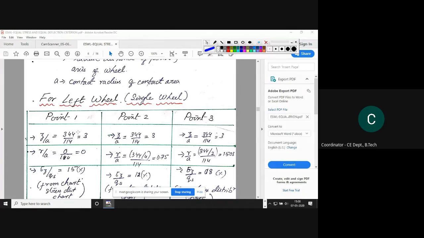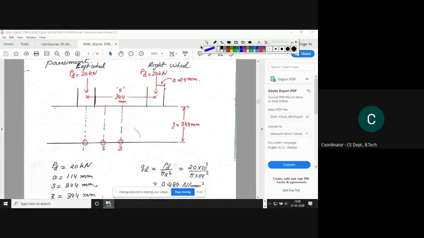Clear? As I said, we need z by a, and another parameter that we need is r by a. Now what is r by a? Say for example, from the left wheel for point number 1, what will be the r by a value? Let us go to the diagram. See, these are for the left wheel, for the first point.